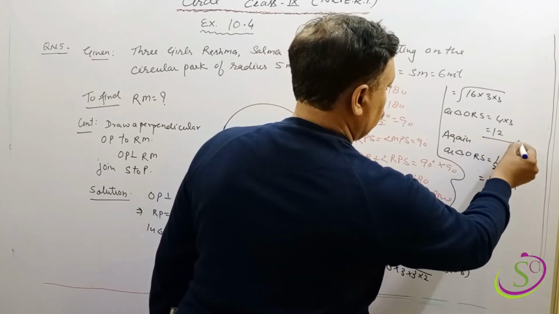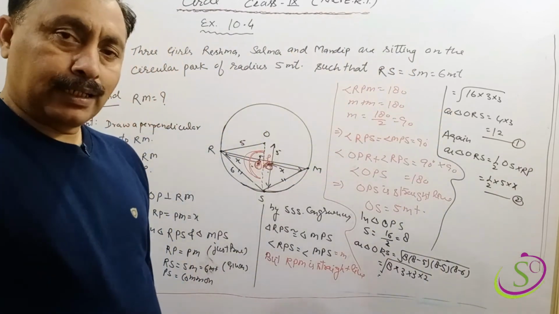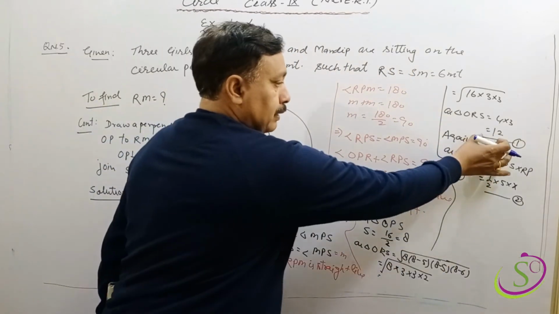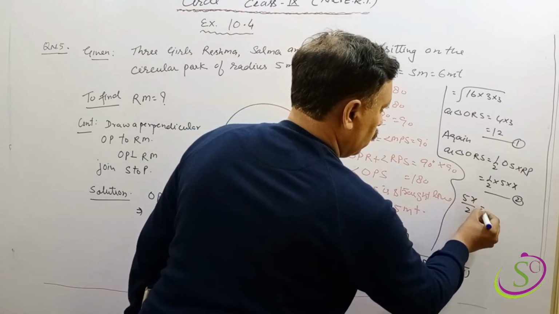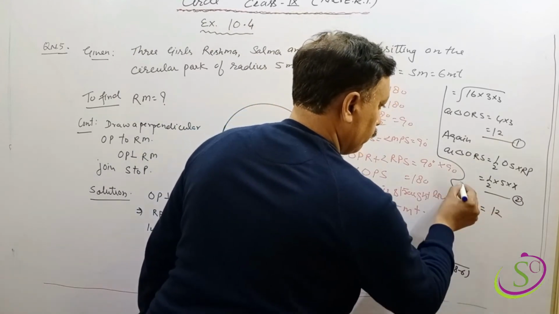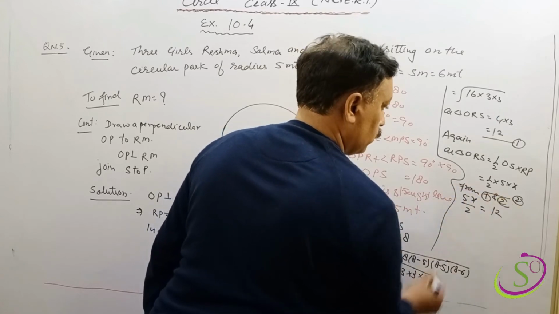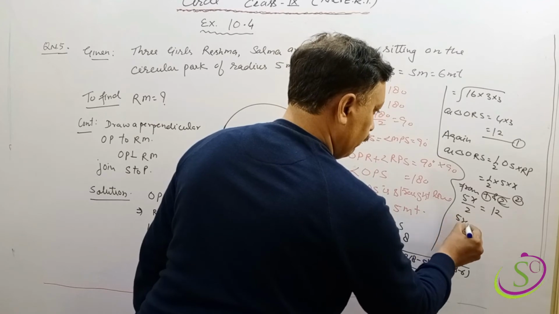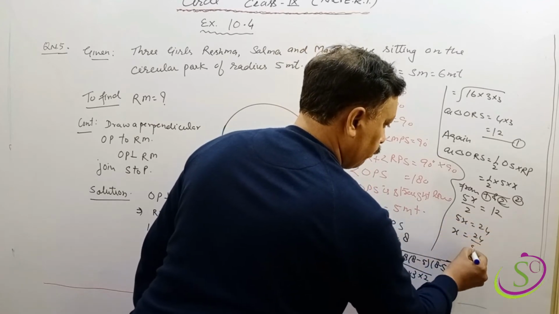Clear? This is 1 and this is 2. Both are the areas of the triangle ORS, so this and this will be equal. So 5x upon 2 will equal to 12. Here we can write it from 1 and from 2. Cross multiply 5x equal to 24 and x equal to 24 upon 5.